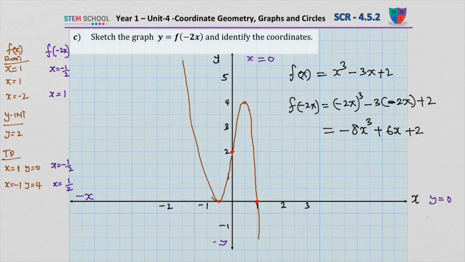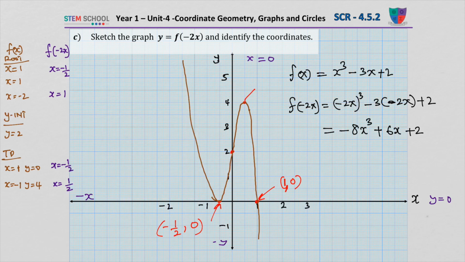If you put x equals a half here, you will get 4. So now the coordinates at this point here will be x is 1, comma, y 0. And here the coordinate will be x is minus a half, 0.